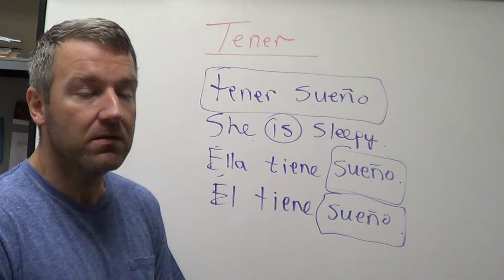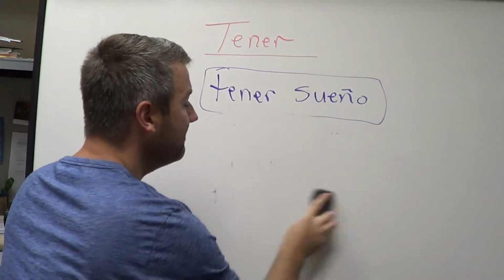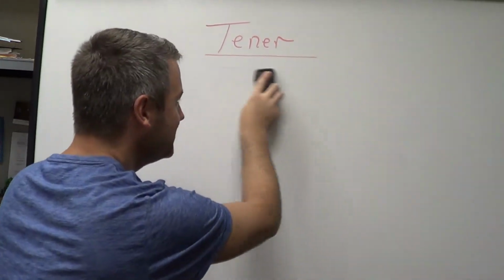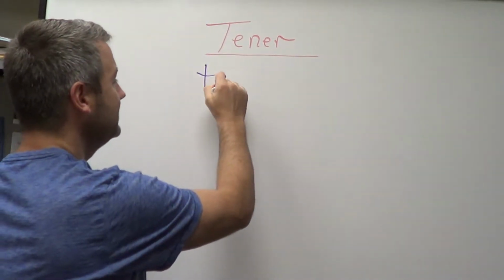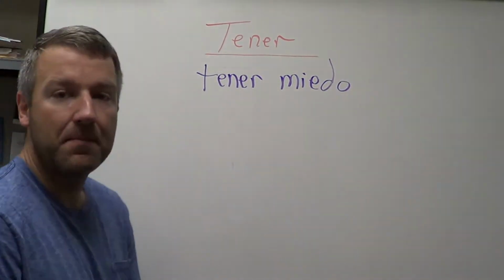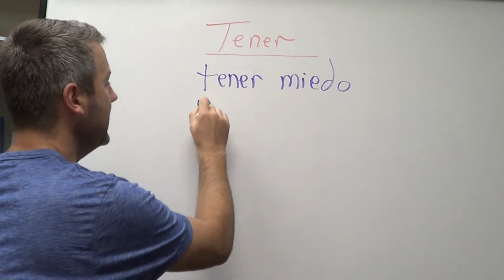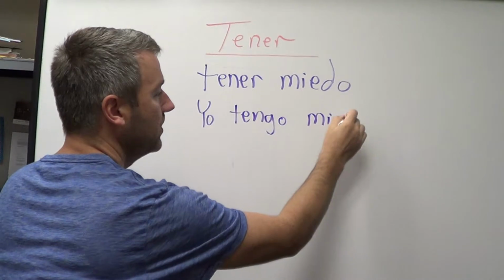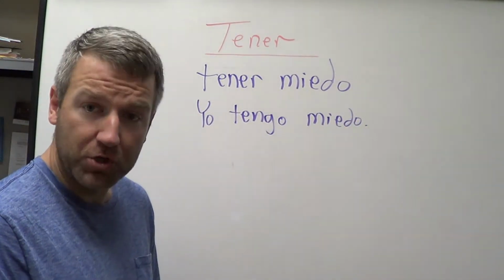Okay? Well, we also have some other expressions. Remember, we have the expression to be sleepy. I'm sorry, I just said to be sleepy. I mean to be scared. We can say tener miedo. So if I say, ooh, I'm scared, I would say yo tengo miedo. Period. If I would ask you, are you afraid?